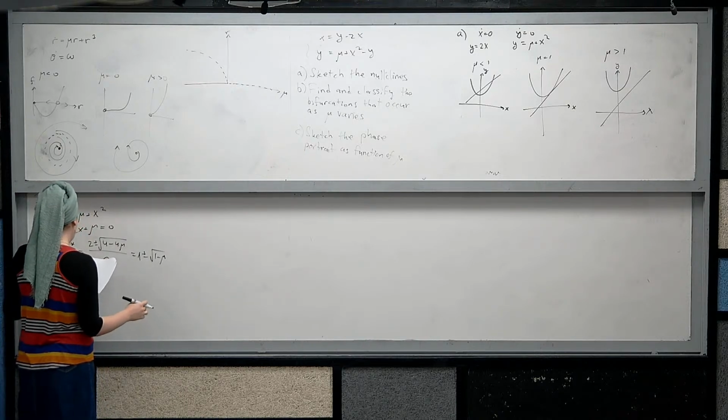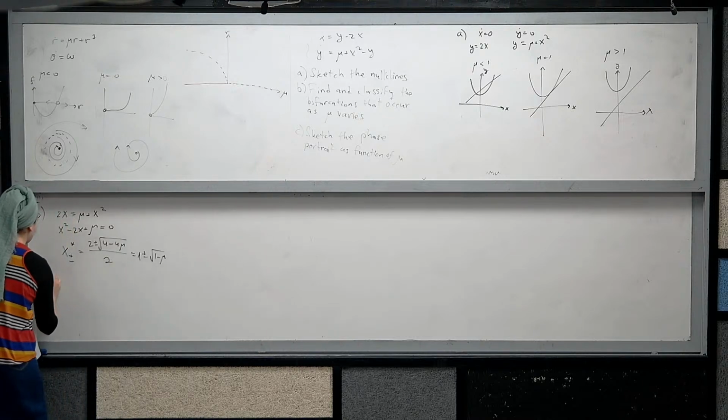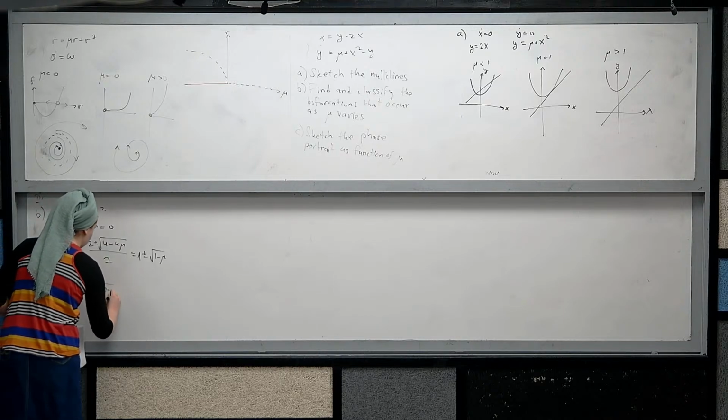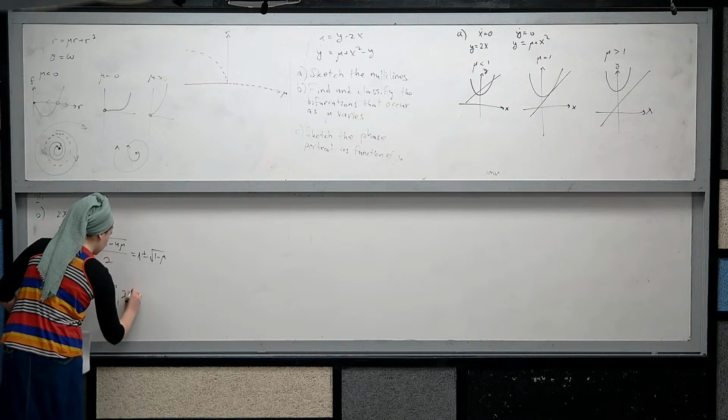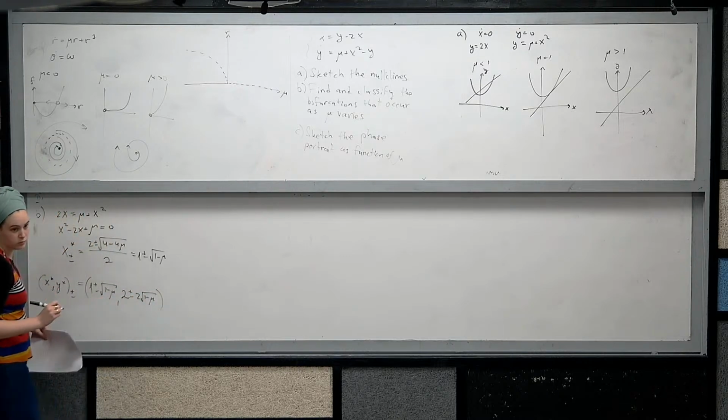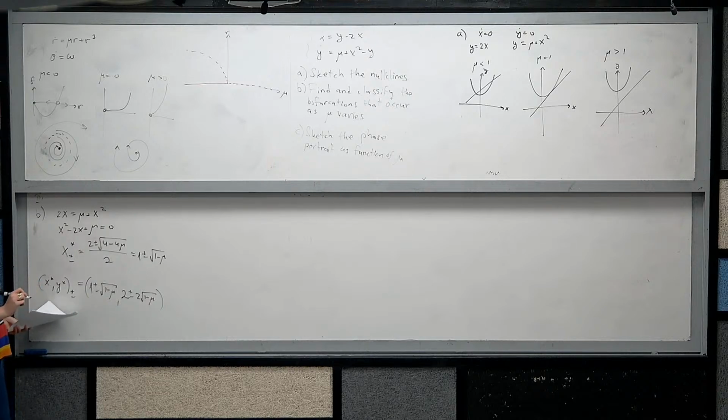Okay, that means that we have fixed points at x equal 1 plus minus square root of 1 minus mu, and y equal 2 plus minus 2 square root 1 minus mu. Right? Those are the two critical points.